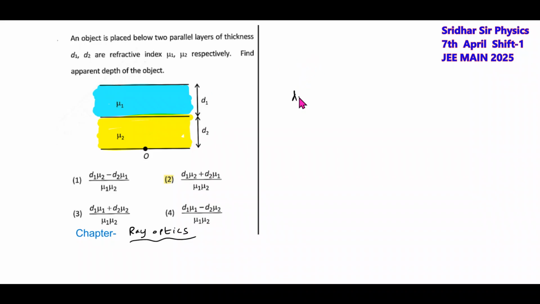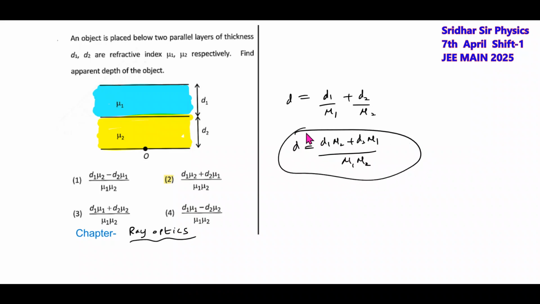The apparent depth should be equal to d1 by mu1 plus d2 by mu2. This becomes d1 mu2 plus d2 mu1 over mu1 mu2. Apparent depth due to the individual layers you have to add up: d1 by mu1, d2 by mu2.